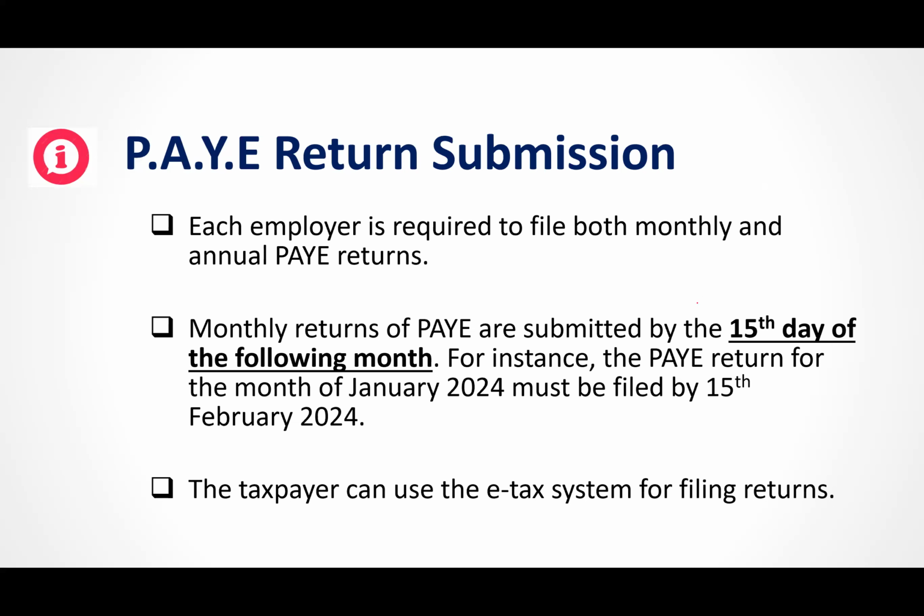Monthly returns of pay are submitted by the 15th day of the following month. For instance, the pay return for the month of January 2024 must be filed by the 15th of February 2024. The taxpayer can use the e-tax system for filing these returns. We are going to be seeing that.